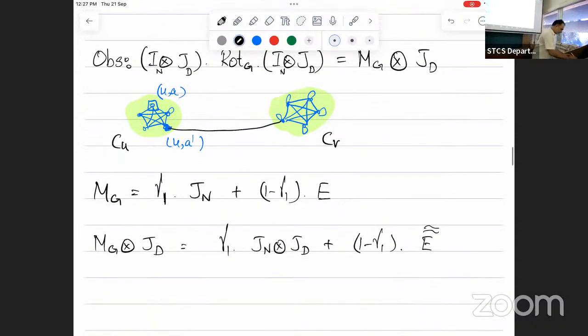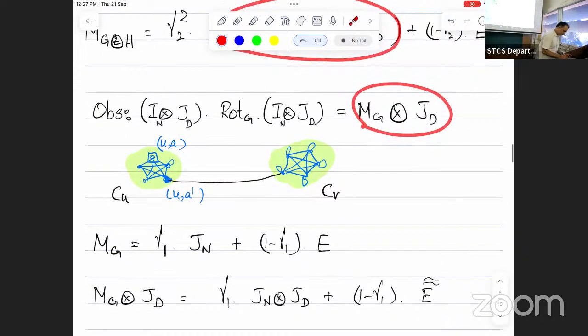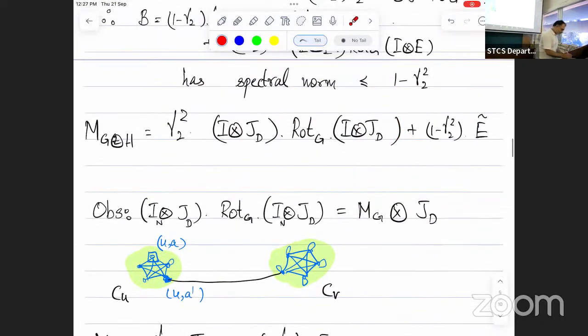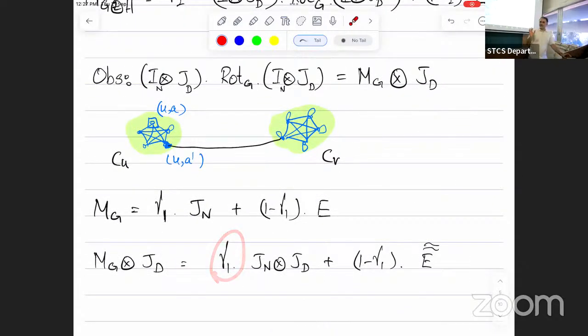Okay, and now we are going to plug this into this equation. So you get some D super tilde. So this part will now get replaced by this part, which now gets replaced by this part. The only thing you need to keep track of is that this guy had a coefficient of gamma 2 squared. This guy has a coefficient of gamma 1.